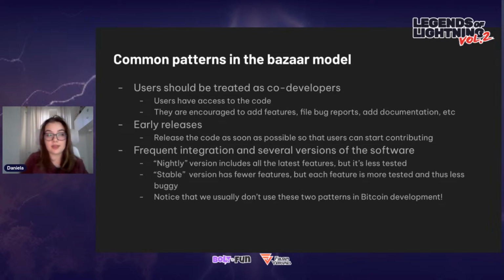So let's look at some common patterns that we might find in a bazaar model kind of project. Users are treated as co-developers. Since users have access to the code, they are encouraged to at least file bug reports when they find bugs, but then they might just start contributing, improving the documentation, trying to fix their own bugs, add features, etc. Releases should be early in the sense that the code should be open sourced as soon as possible.